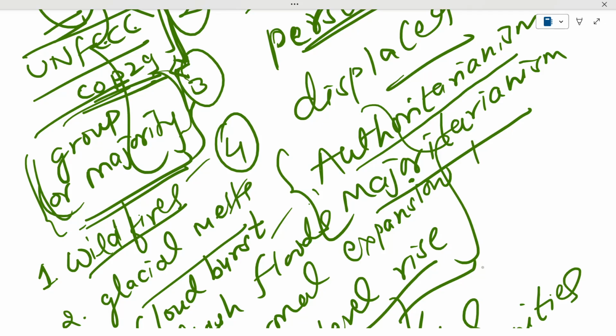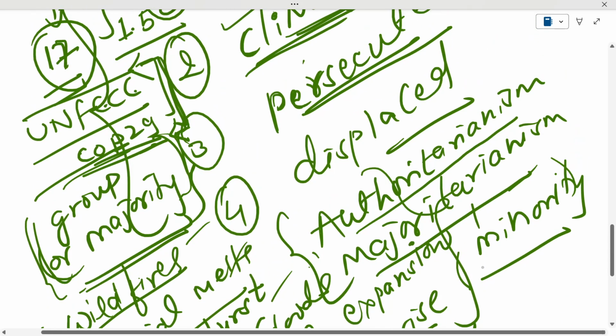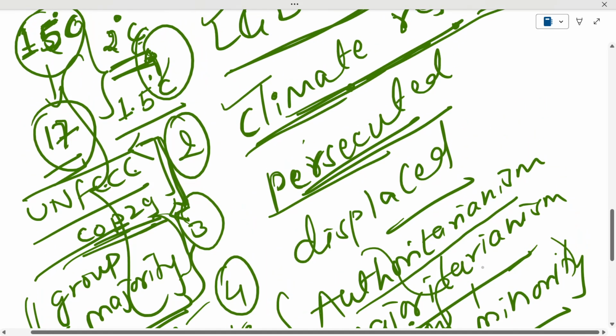In such a case, the minority becomes the easy target. And when the minority becomes the easy target, they are persecuted. And there are many such examples everywhere.